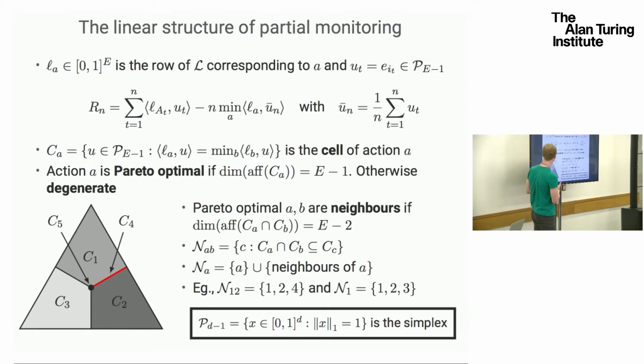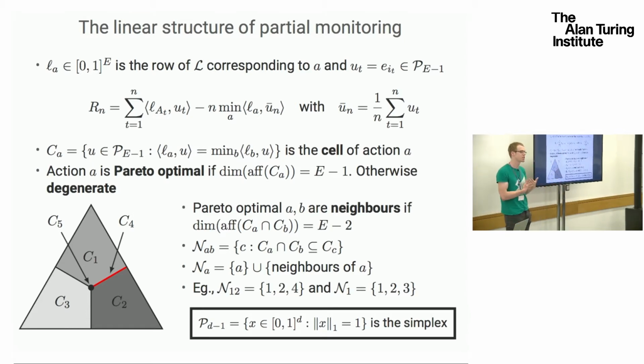So there are actions that we call Pareto optimal, which in this figure is C1, C2, and C3. They're the set of actions where the dimension of the affine hull of the cell is equal to E minus 2. Okay, so they're essentially the ones which are optimal on some reasonably large subset of the simplex.